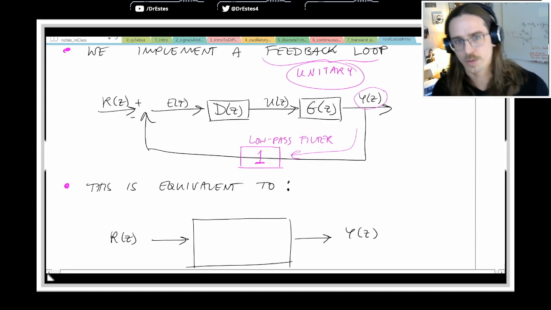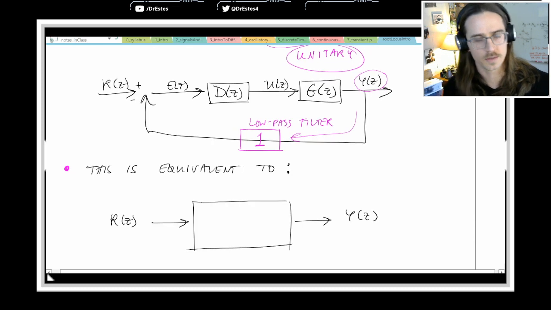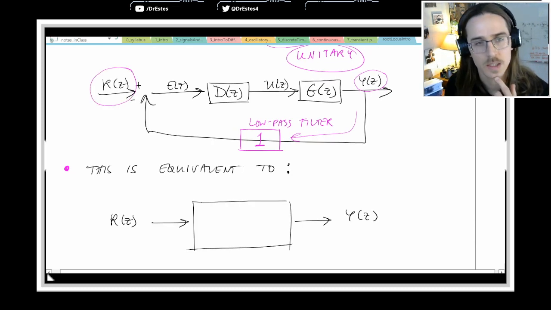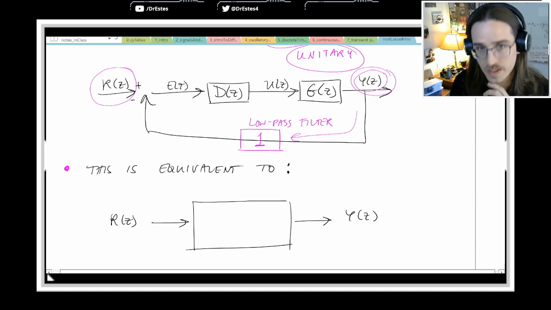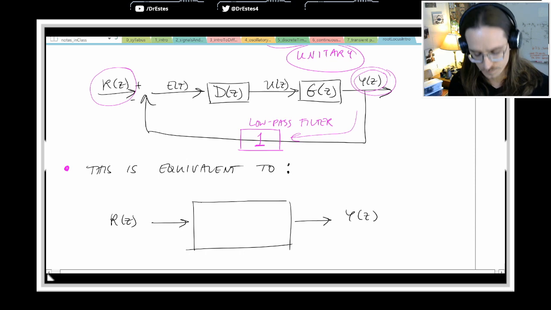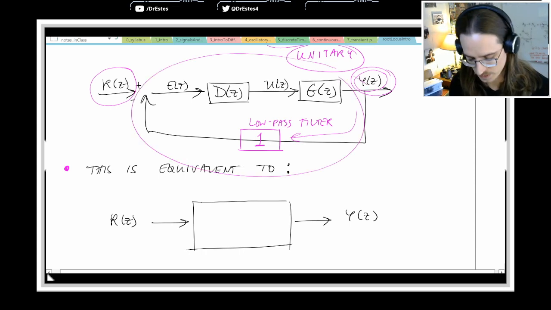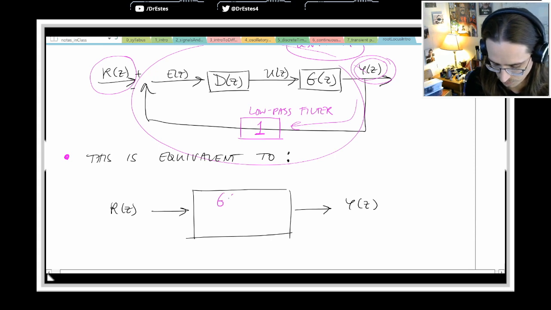So this loop, you can condense it. So you see like the reference coming in on the left-hand side. That's what we want the output to be doing. Over here we have the actual output. So you can condense this feedback loop, and we've actually already done this, into the closed loop transfer function.